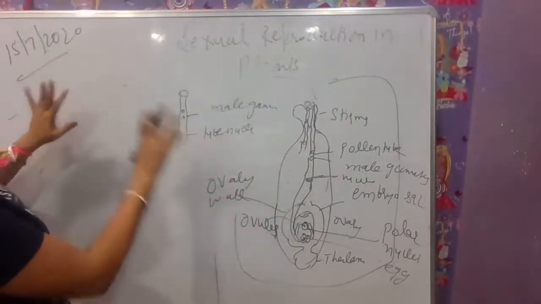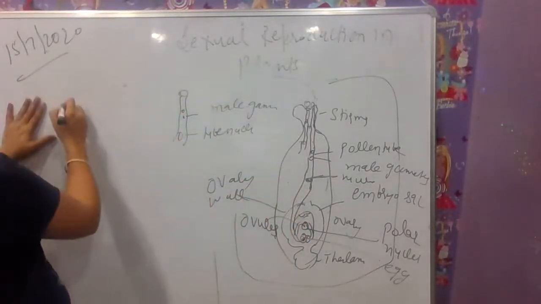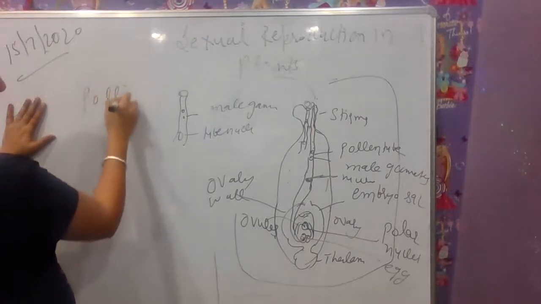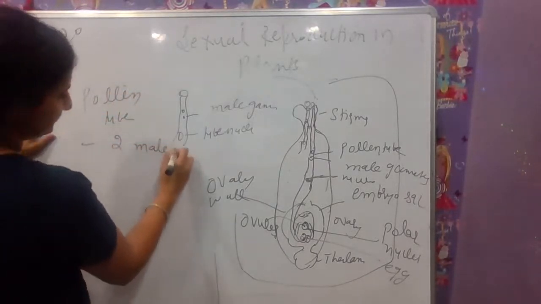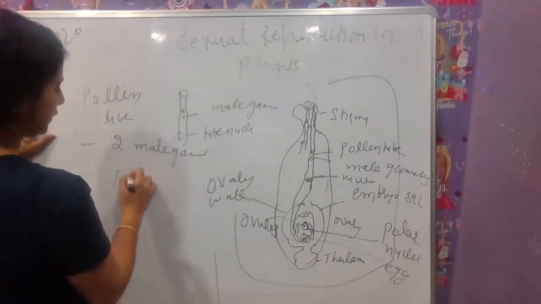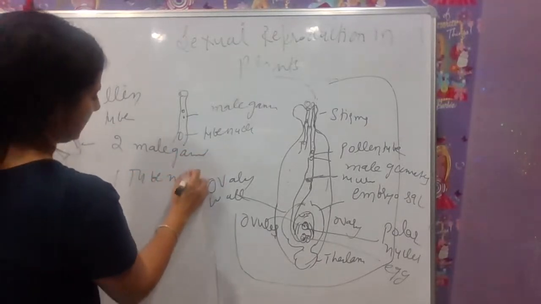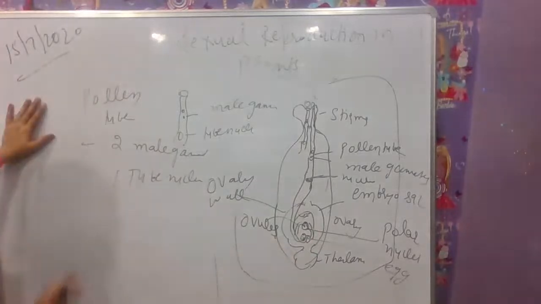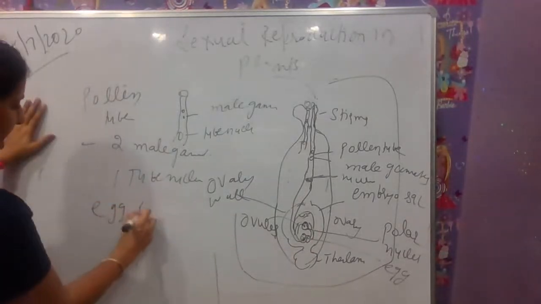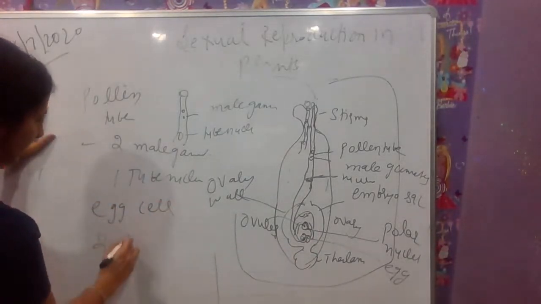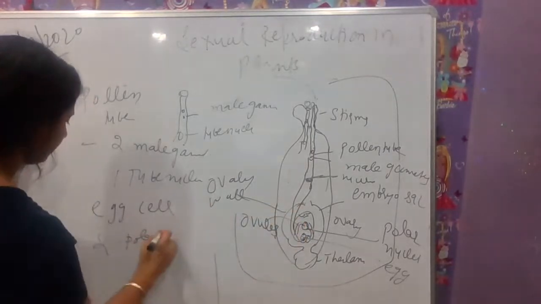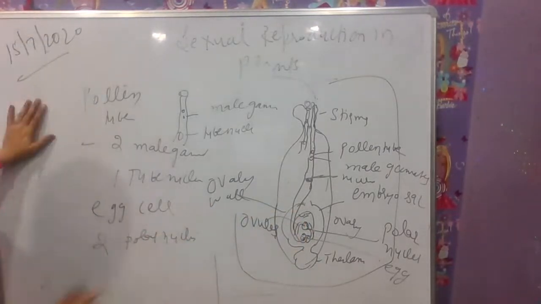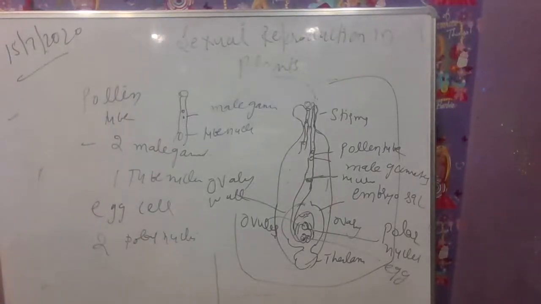So beta, till now, what is present in the pollen tube is two male gametes and one tube nucleus, and in the ovary there is an egg cell and two polar nuclei. This is polar nuclei.